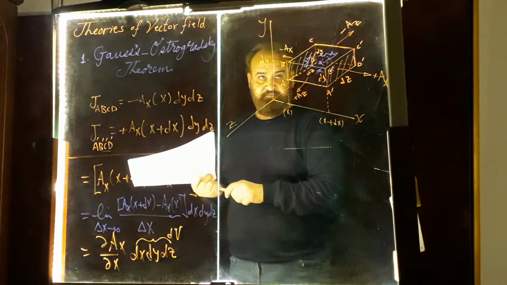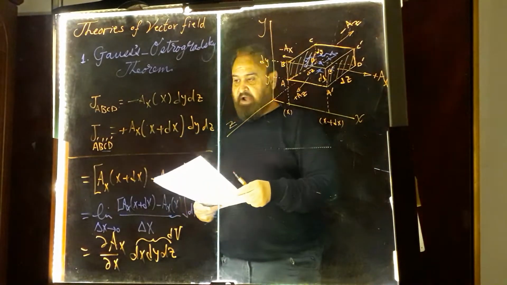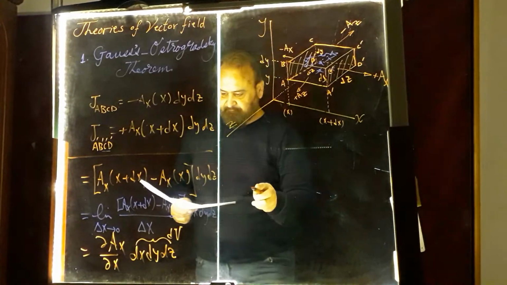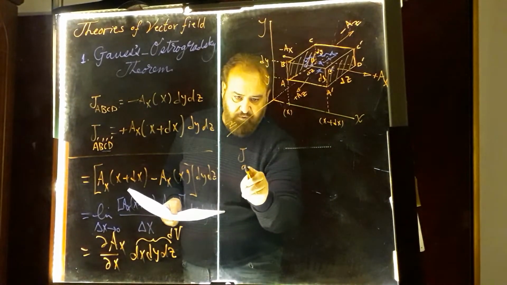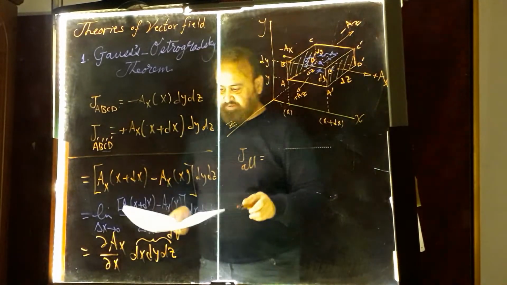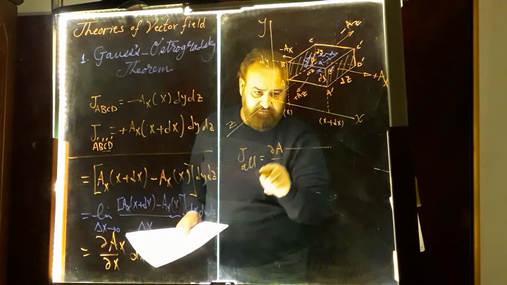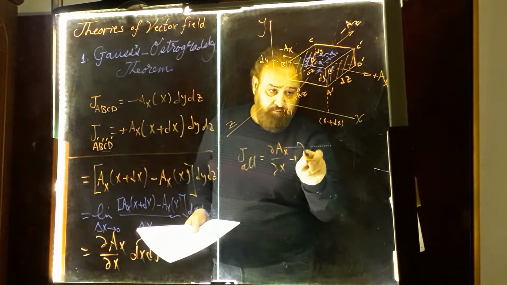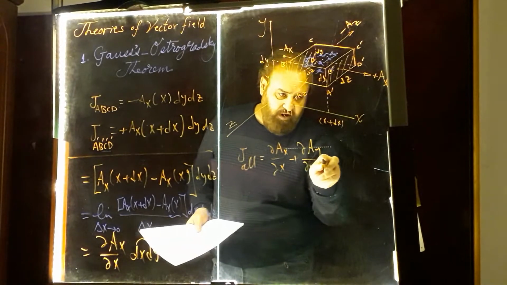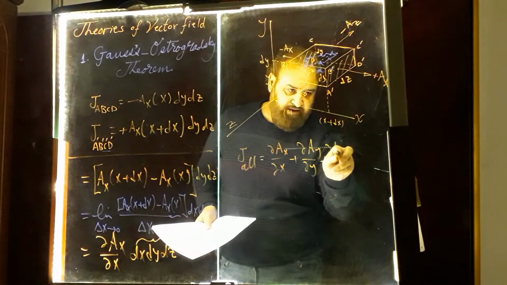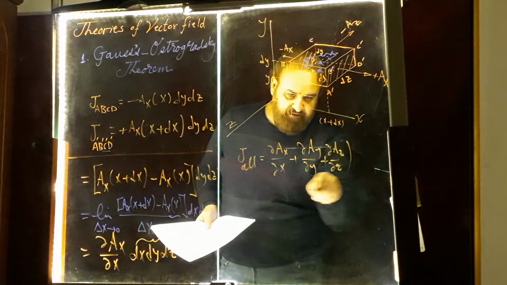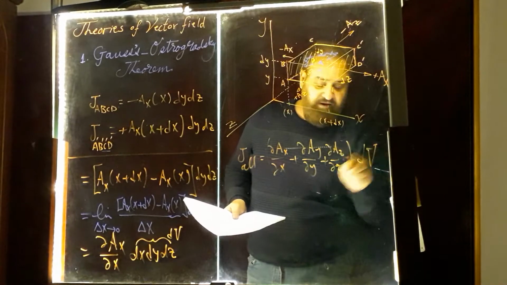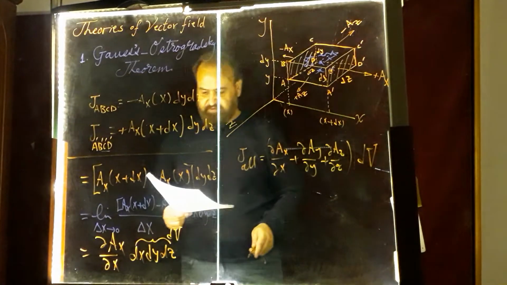By this result, I can calculate all the sides of this box. So the flux for all sides is equal to the partial of A sub x over partial x plus partial A sub y over partial y plus partial A sub z over partial z, all of them times dV, which is dx, dy, and dz.